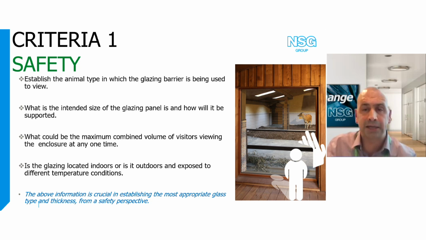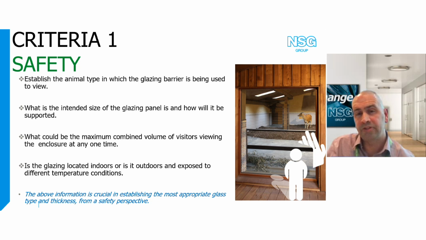The size of the glazing screen and support method play a key role in the overall thickness of the glass to limit deflection when subjected to the applied loads. So for example, a 6 metre wide by 2.5 metre high glass screen would deflect much more than if the same screen was split into three 2 metre wide panels with independent supports.